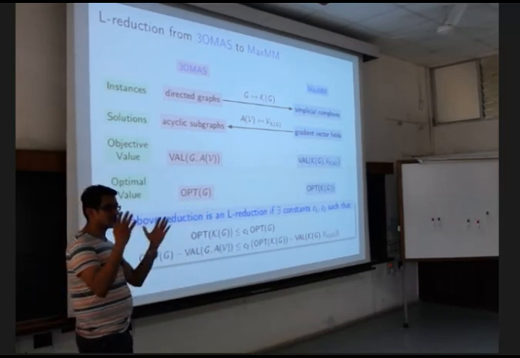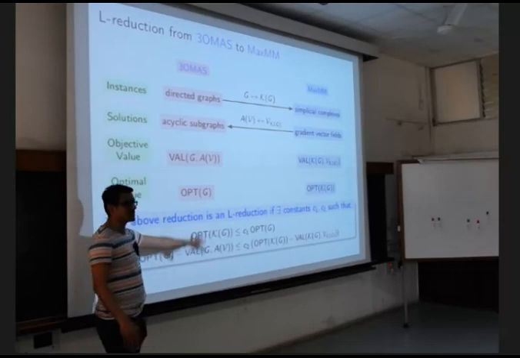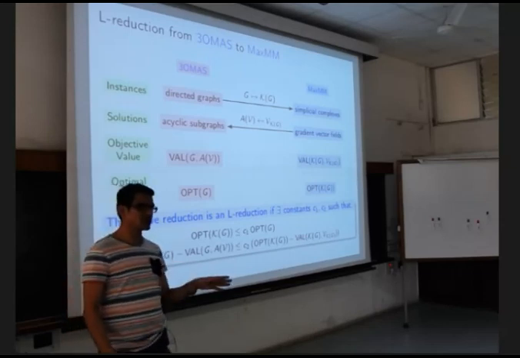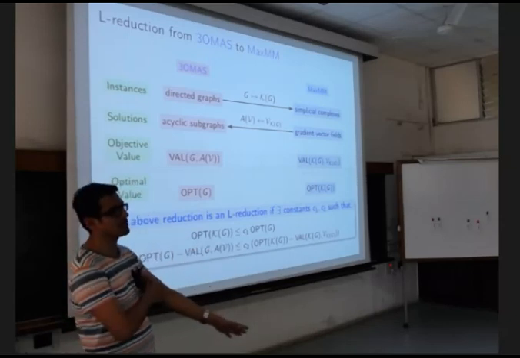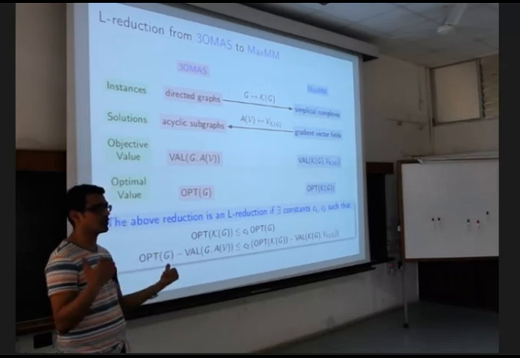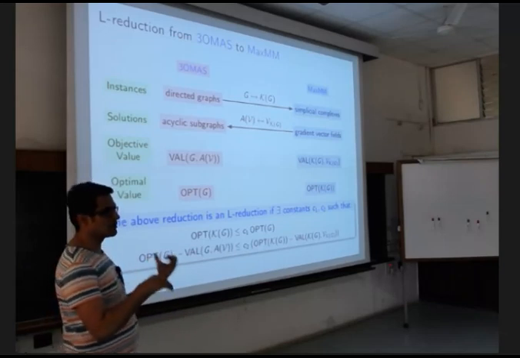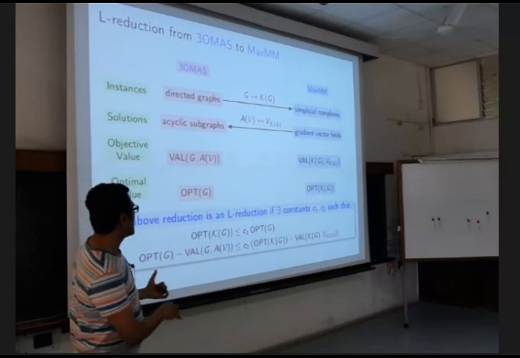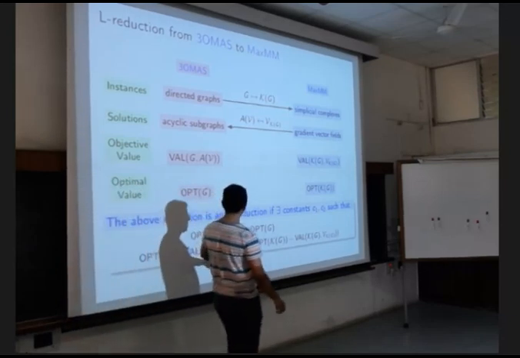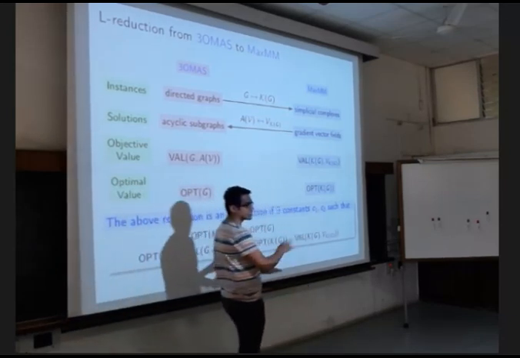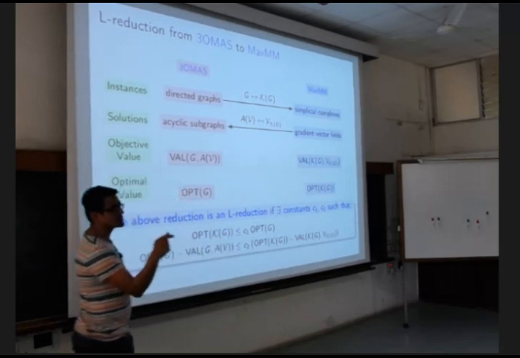It's called L-reduction because it's linear. These are linear inequalities. The first one relates the two optimas, and the second one relates the difference between optimal and objective of some solution, and these values correspond in the sense that solutions correspond to solutions.